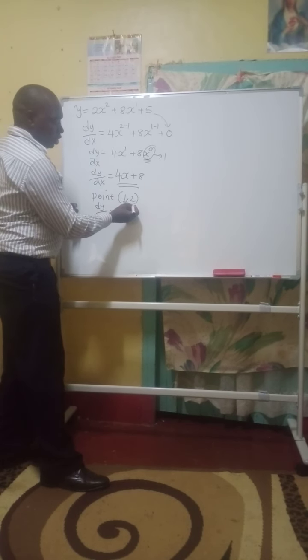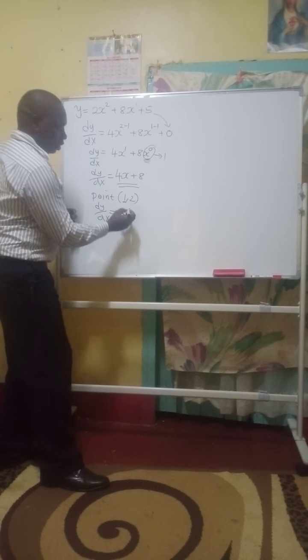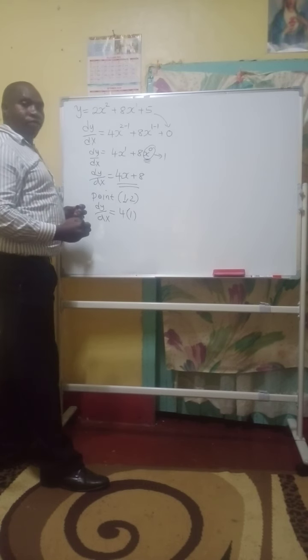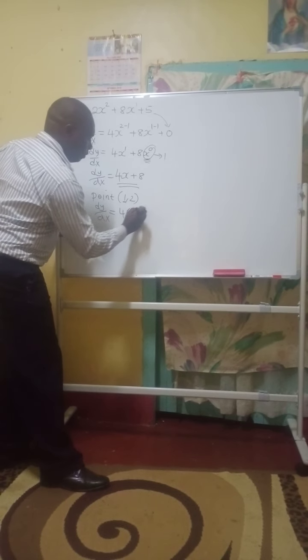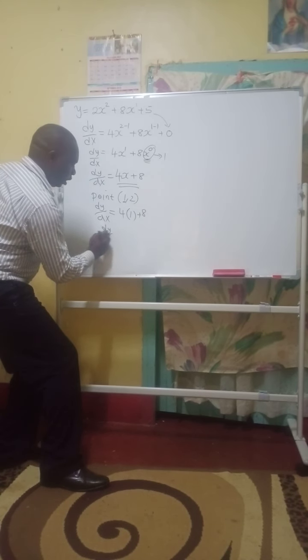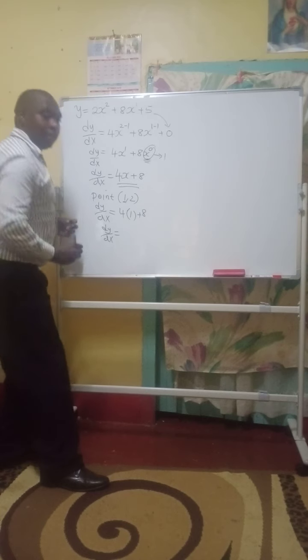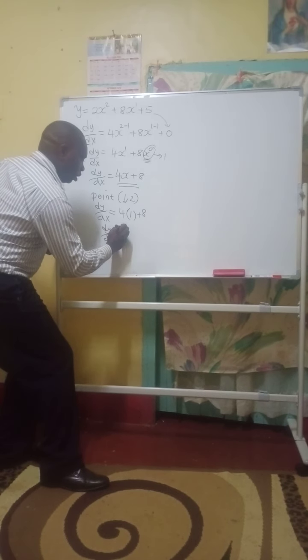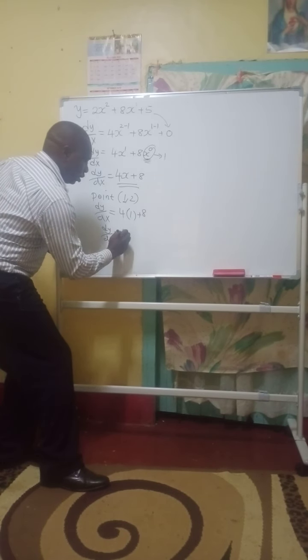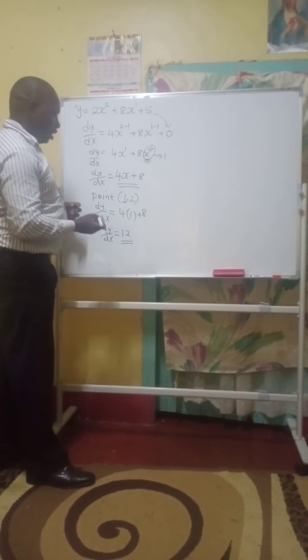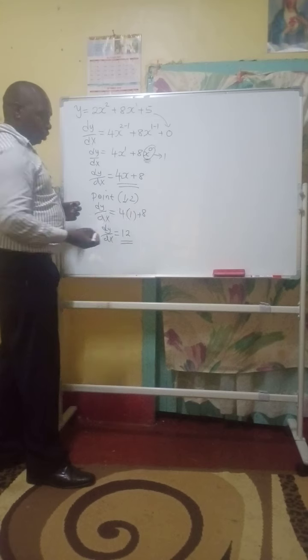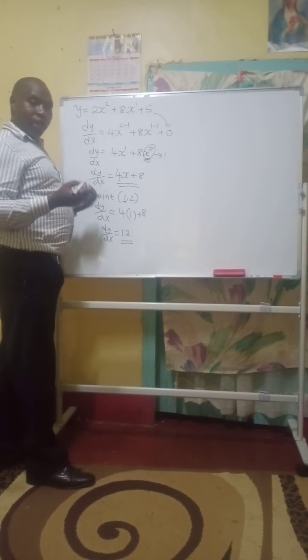Remember, this is the value of x, this is the value of y. So where there is x, you can replace with 1, so that you have 4 into 1, and then you add 8. And the gradient function at that point gives us a gradient of 4 plus 8, which is 12. So the gradient of this curve at this point, (1, 2), is actually 12.